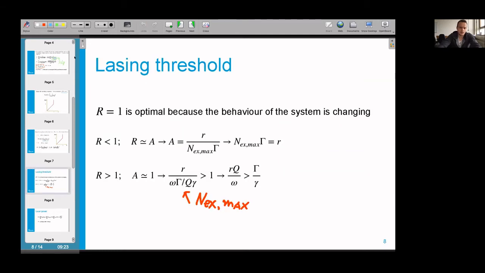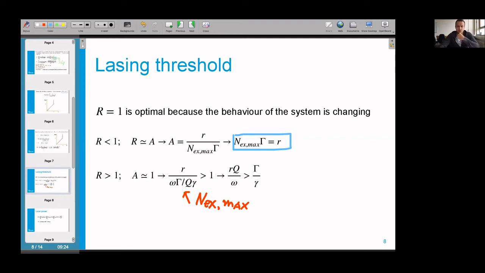Now, I did not copy paste the question, but you're also asked what is the lasing threshold? In this case, we can see that the system changes behavior at r is equal to 1. For r that is less than 1, again, we have r which is of the order of a, because we have the linear dependence. Then we can simply replace r with a, and we find the following thing for small r, because a was of the order of 1.